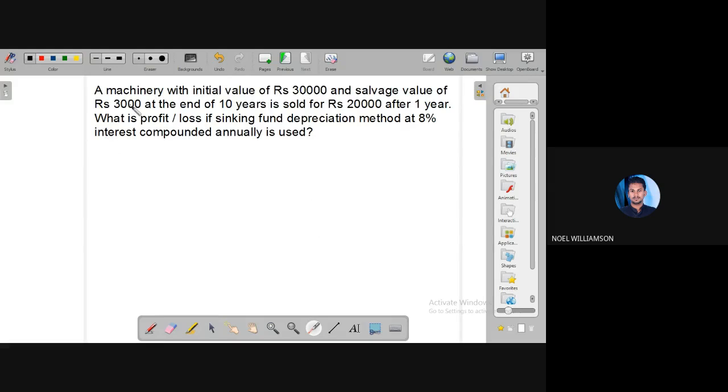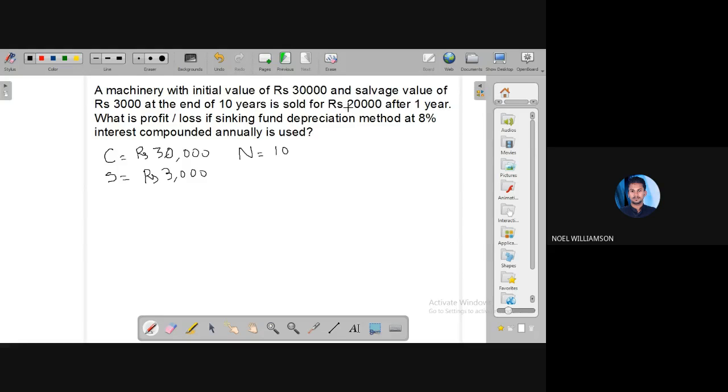So here is the question. The machinery with initial cost, C is given as rupees 30,000. The salvage value S is rupees 3,000. At the end of 10 years, that means N is given as 10.